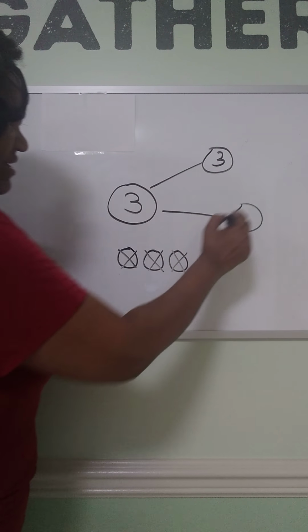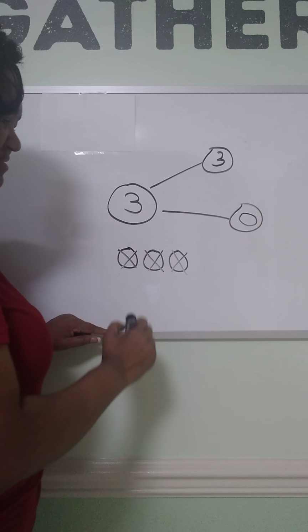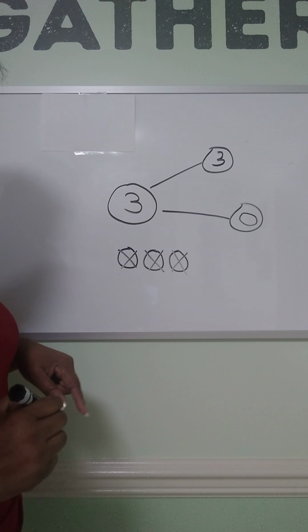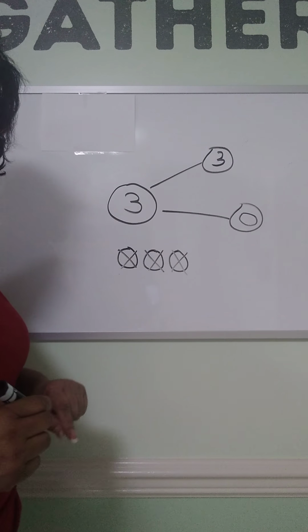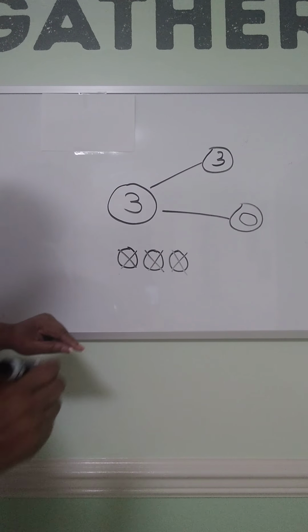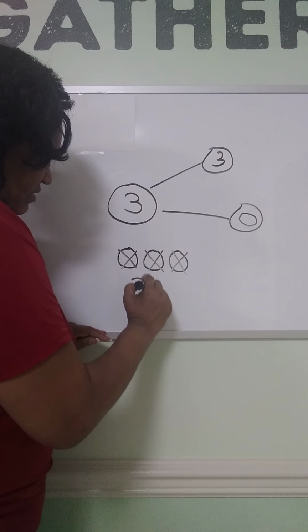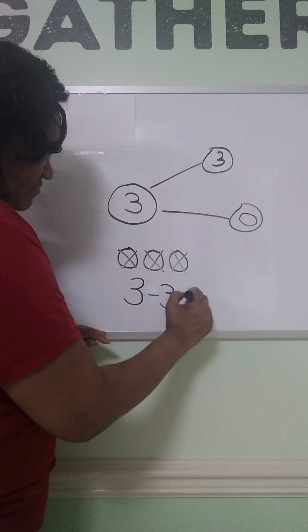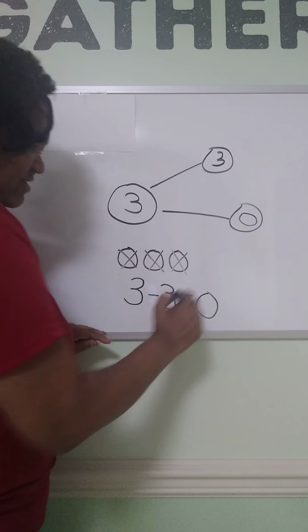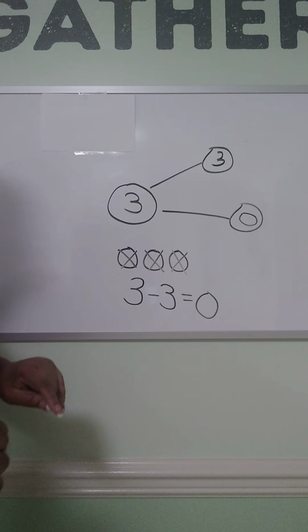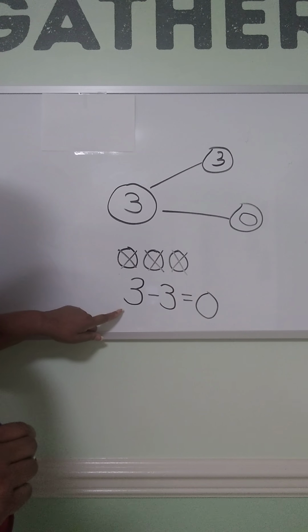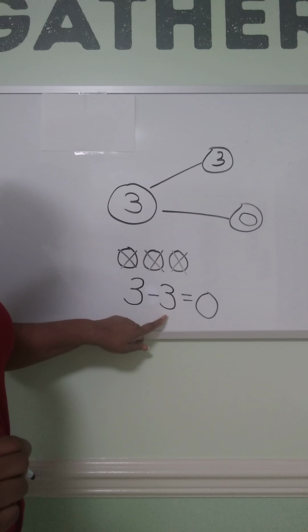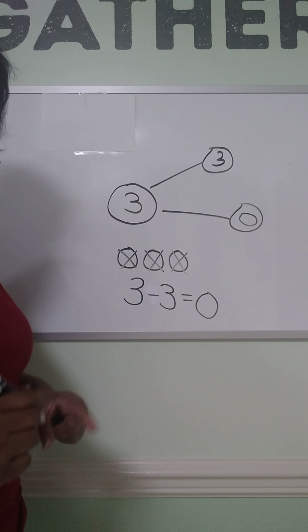We have 0 left. We don't have any left. We've X'd out all of them. Here's how it's going to look. 3 take away 3 equals 0. Wow. 3 take away 3 equals 0.